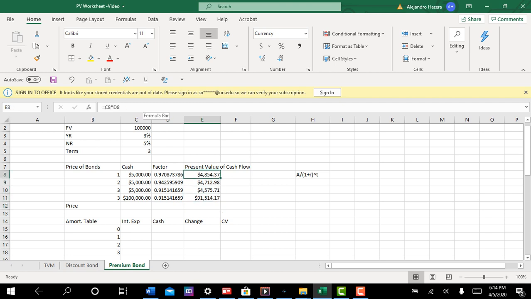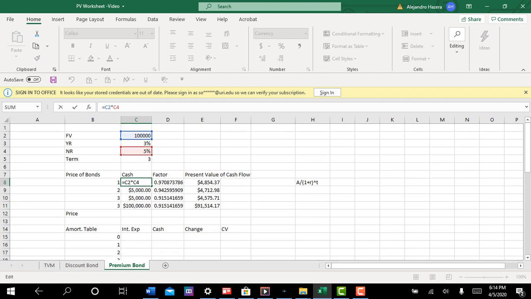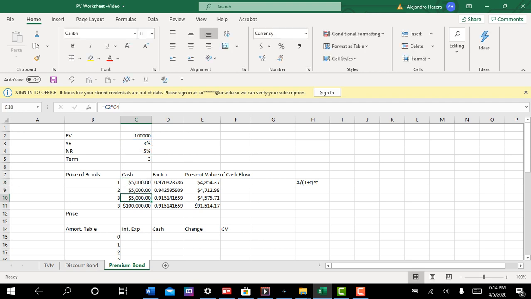Okay, and notice, going back to the cash, that each one of these amounts right here is the 100,000 times the 5%. That holds true for any one of them. They're all basically the same. And even the 100,000 is equal to C2 right there.